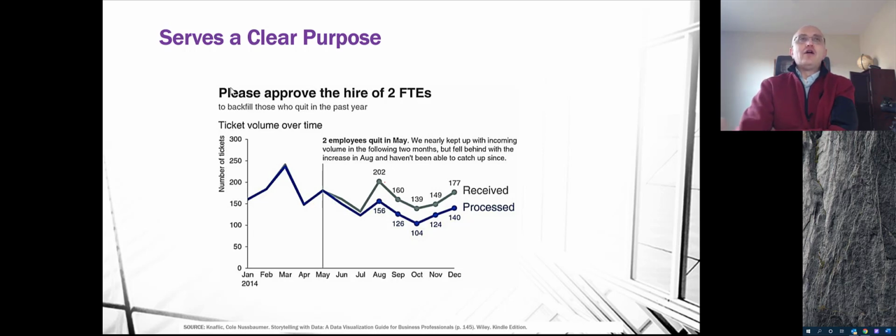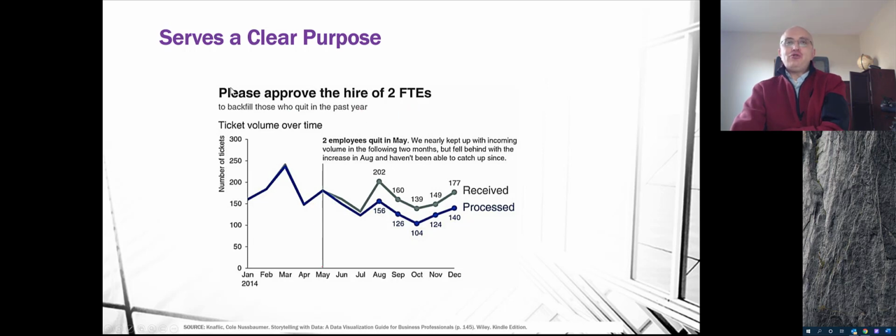Notice how right here at the top, she places a very bold, non-beating-around-the-bush title: Please approve the hire of 2 full-time employees. Why? Because we want to backfill those who quit in the past year.